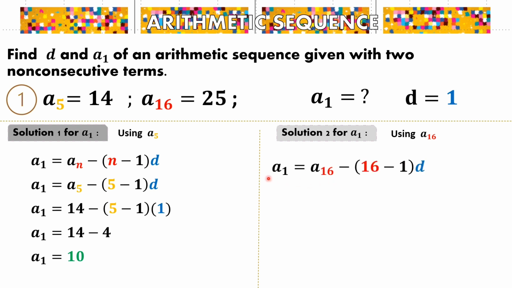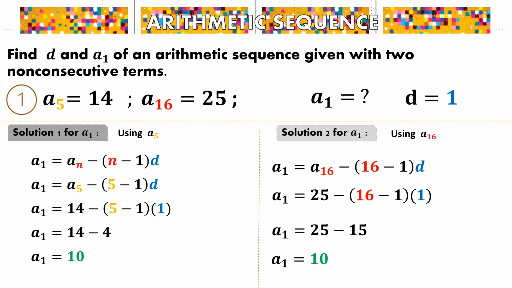So we have a sub 1 equals a sub 16 minus 16 minus 1 d. A sub 16 is 25 minus 16 minus 1, and d is 1. So simplifying, 25 minus 16 minus 1 is 15 times 1 is 15. Therefore, 25 minus 15 is 10. So we've got the same answer.